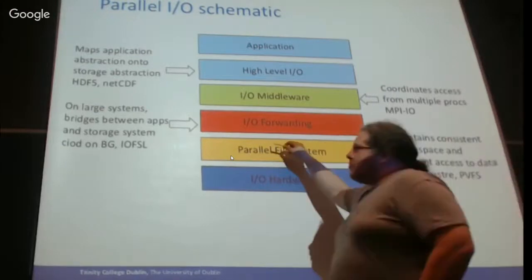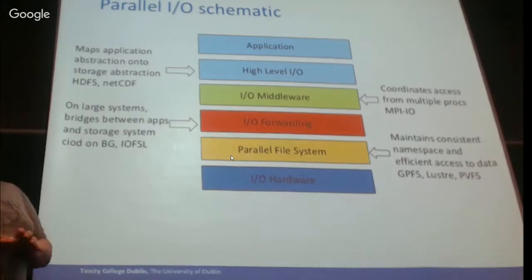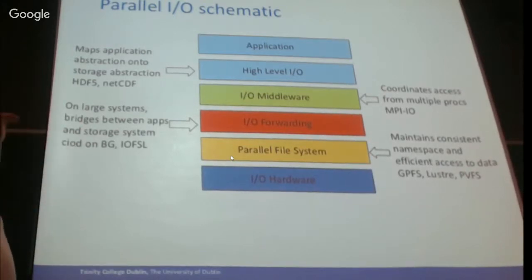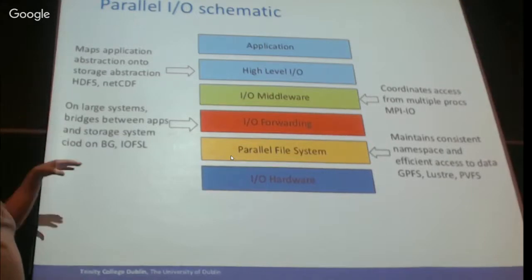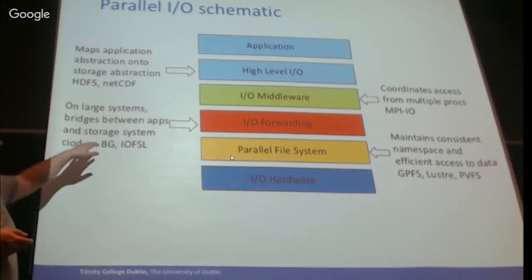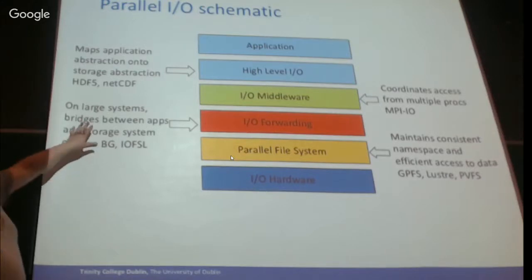Moving one step up above the file system, you have this I/O forwarding layer. And that doesn't exist in an awful lot of systems. It's generally in very large systems. It provides bridges between your applications and your storage systems, so sort of to aggregate these sort of things. So if you're running on a Blue Gene, you might come across the CIOD service, or this IOFSL system that comes out of Argonne, where they try and have a consistent view, but it's only if you're scaling on very large systems that you see these forwarders.